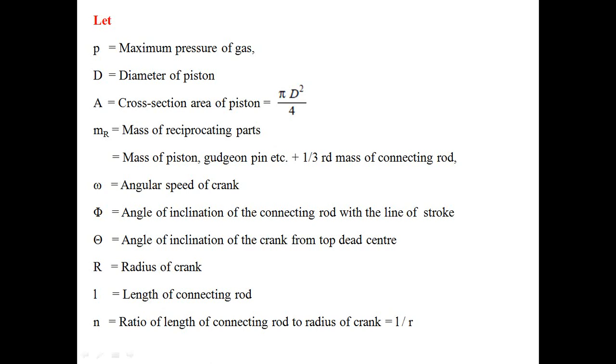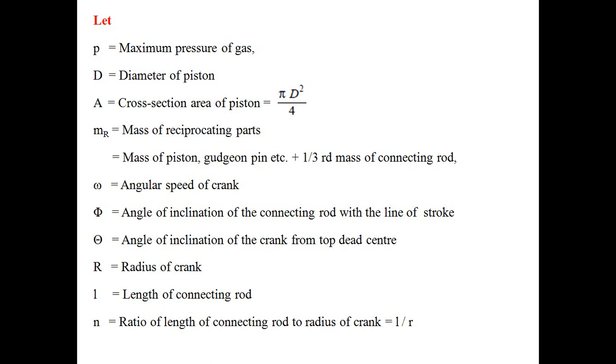The mass added in the reciprocating part is the mass of the piston and gudgeon pin, etc., plus 1/3 mass of the connecting rod, because the mass of the connecting rod is assumed to be concentrated 1/3 at the piston pin, and 2/3 of the mass is concentrated at the crank pin bearing. So 1/3 of the mass of the connecting rod is added with the mass of the piston while solving.